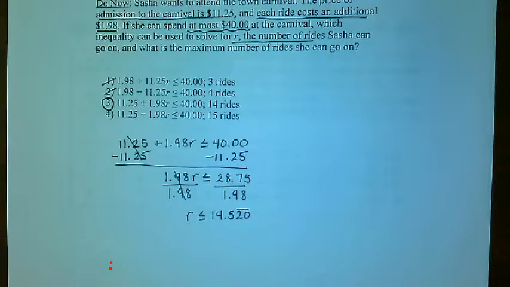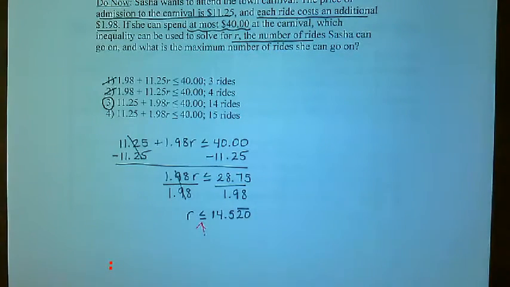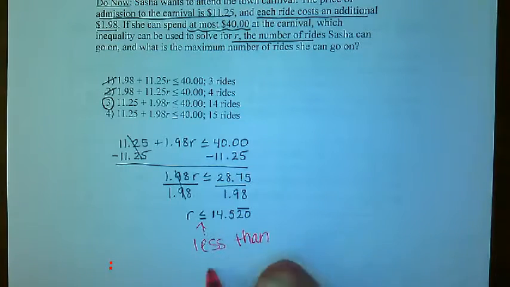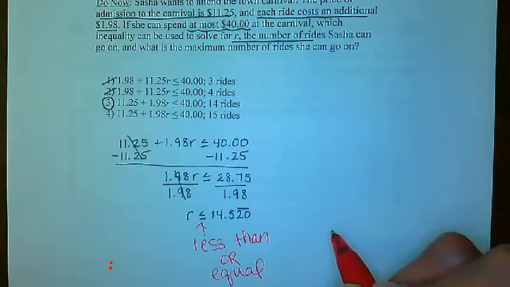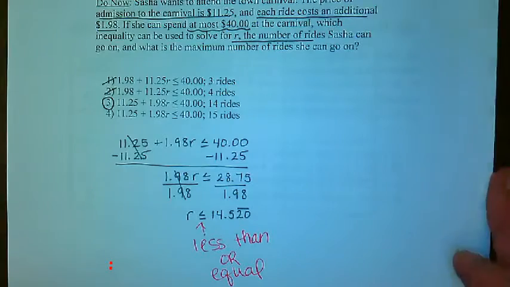No, you don't have enough to go on 15 rides. So you have to pay attention to what it says right here. This means less than or equal to. So it has to be choice number 3. That's the only option.